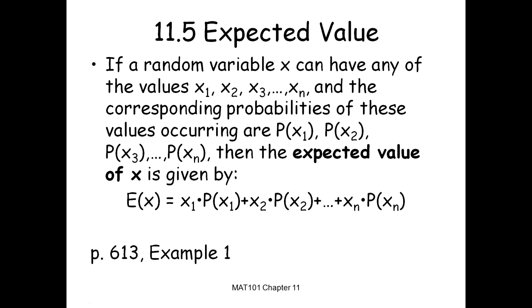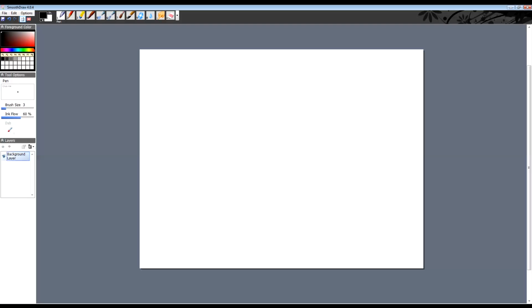So if you look at example 1, the expected number of boys for a 3-child family, that is the expected value of the number of boys, assuming girls and boys are equally likely. So the problem gives the sample space for the experiment.